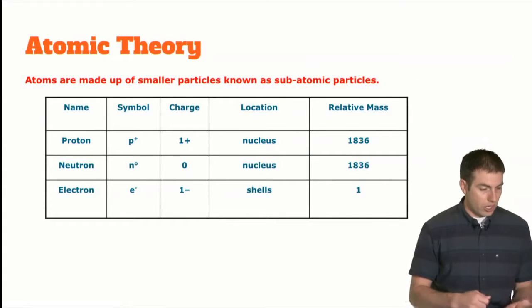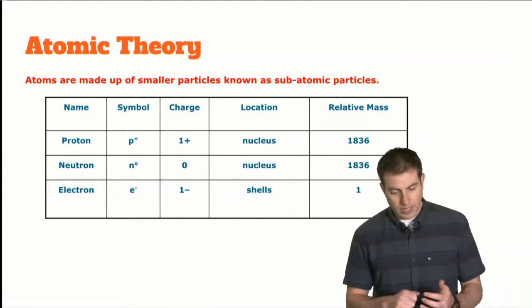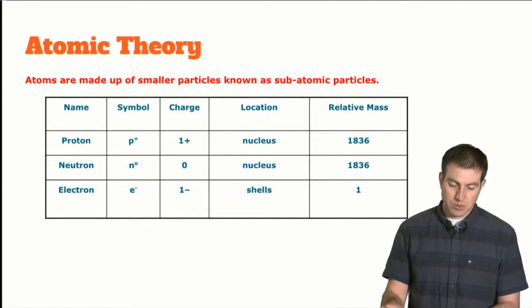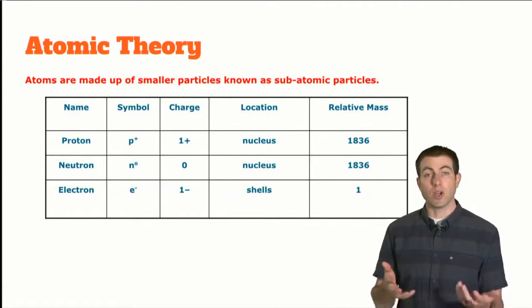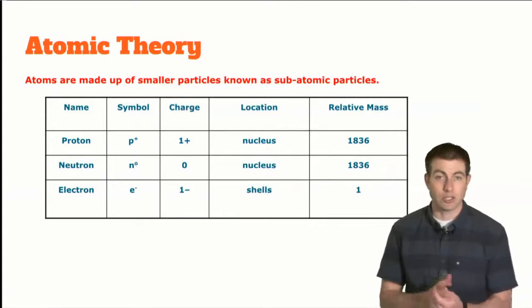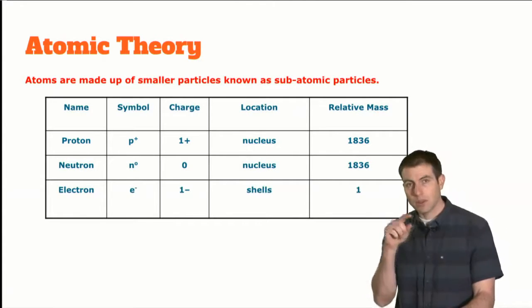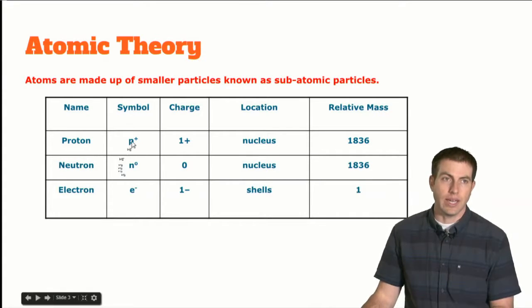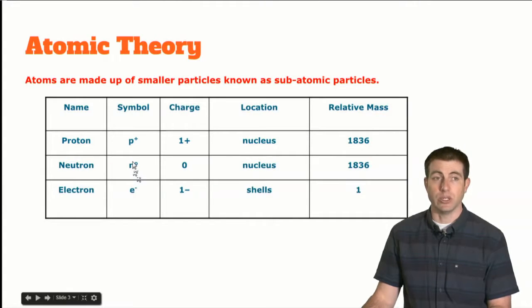This chart is pretty important. It's a good little summary of everything. The symbols we're going to use for the subatomic particles are protons, neutrons, and electrons. So a P with a little plus sign next to it gives us our protons. An N with a little 0 next to it is what we use to represent neutrons.